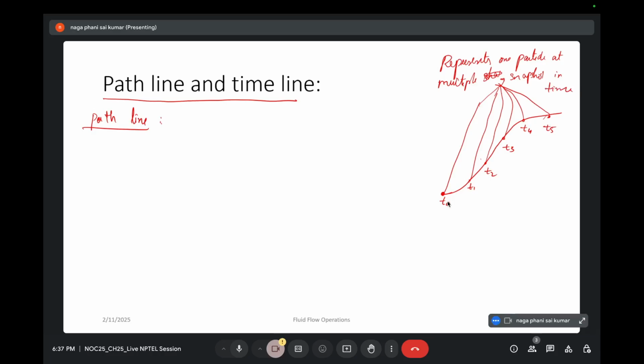This is a snapshot of a particle at different times.